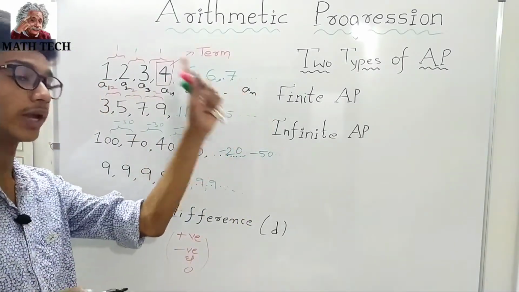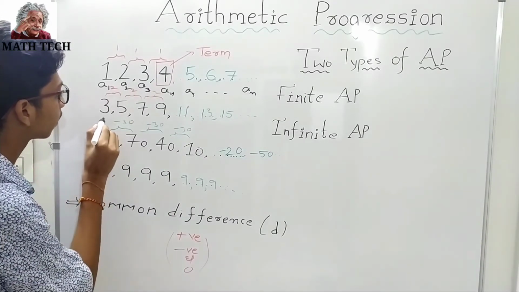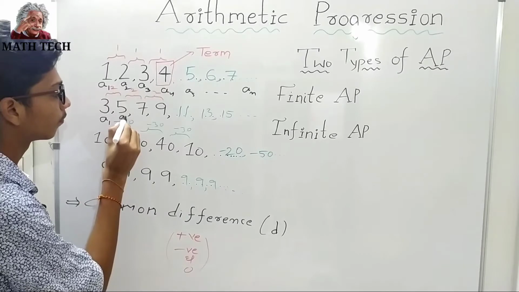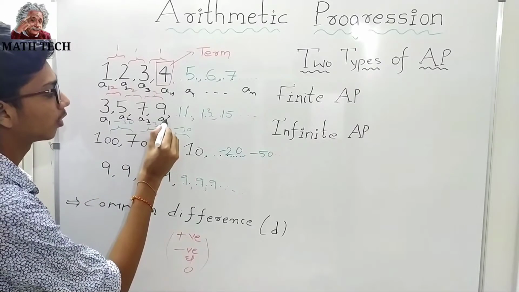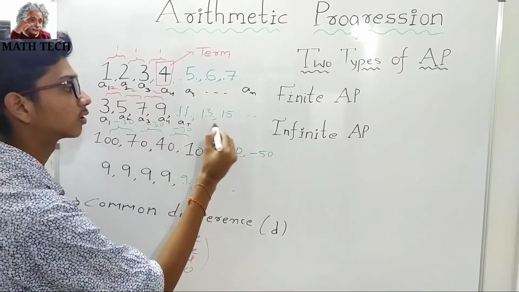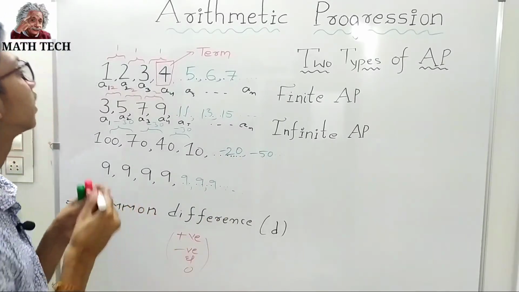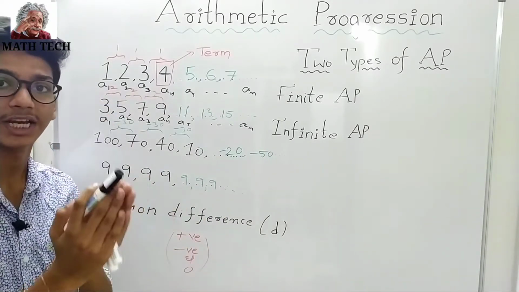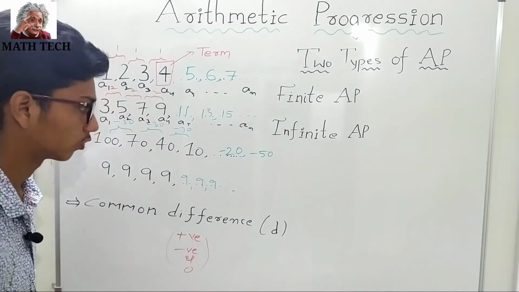We don't know the value of n, so the nth term is an. So we denote the first term as a1, the second term as a2, the third term as a3, the fourth term as a4, and it goes on.